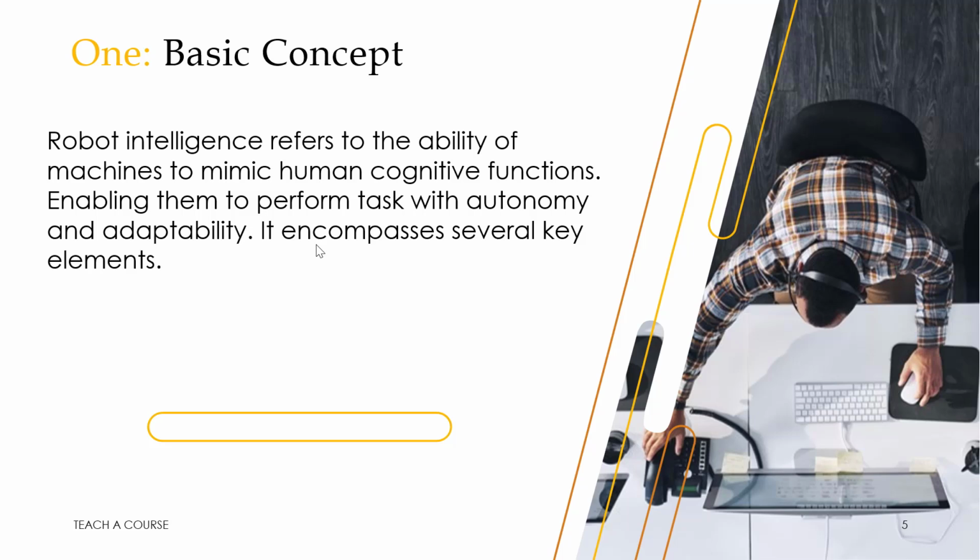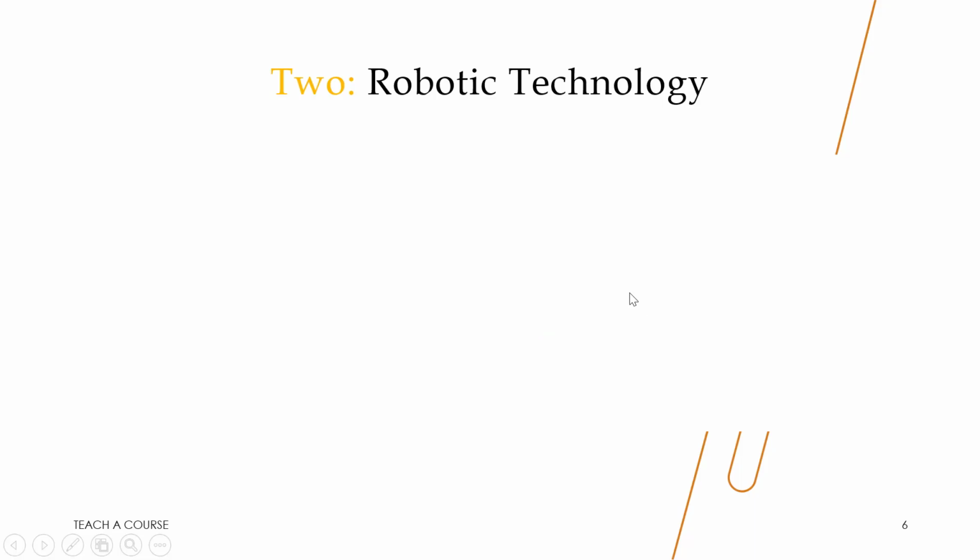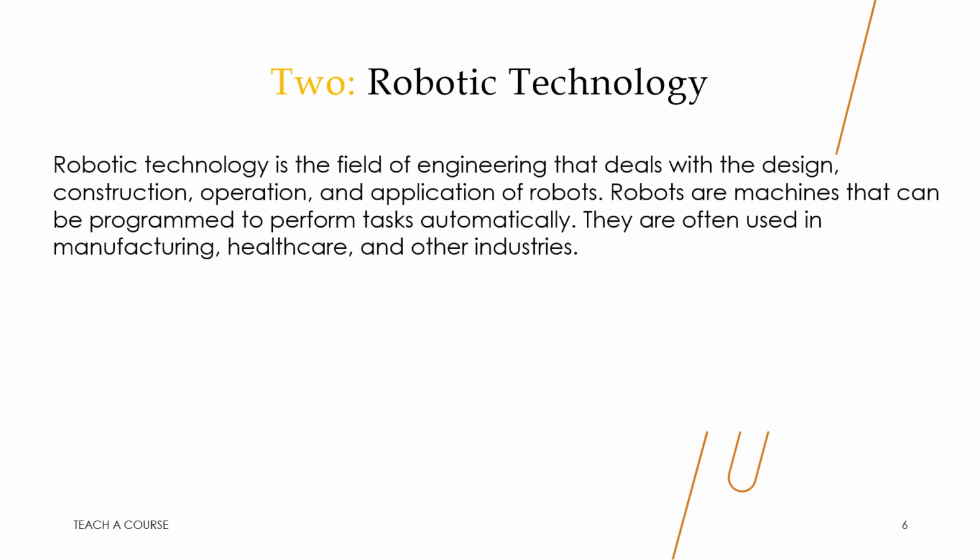With this, robot intelligence transforms machines into capable, adaptable entities that have a profound impact on industries, societies, and the future. Now, let's move on to the next key we need to know, that is robotic technology. What is robotic technology?